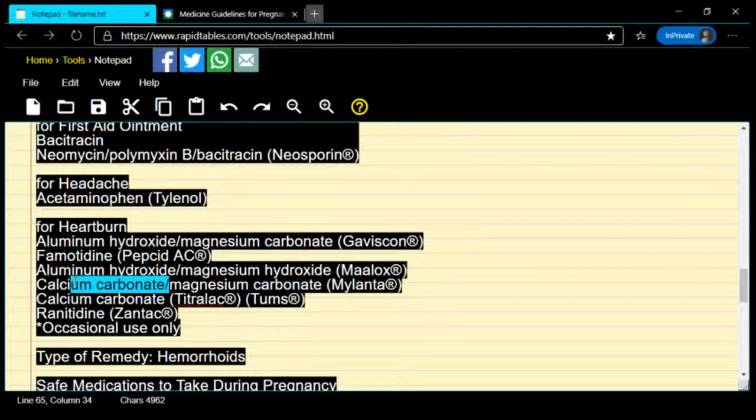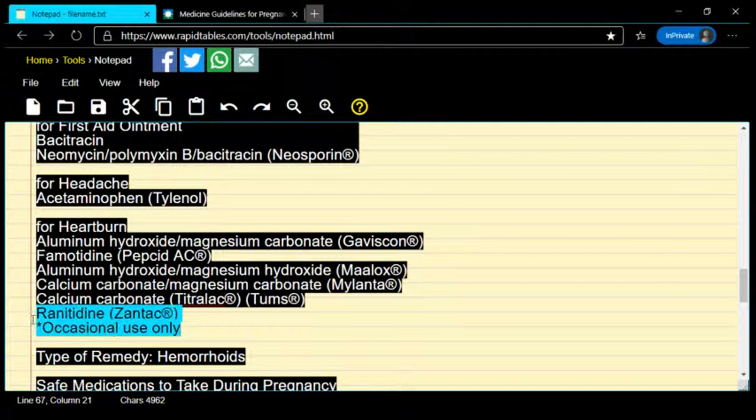We don't have to write calcium carbonate twice, but it might be necessary, so I will leave it here. Next is ranitidine, Zantac. These are for heartburn, occasional use only.